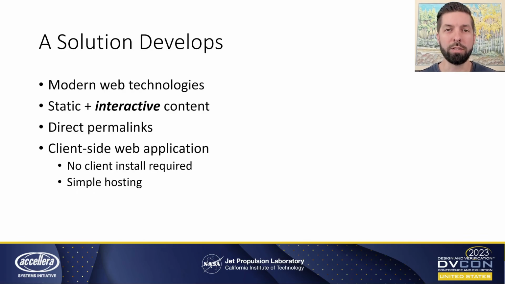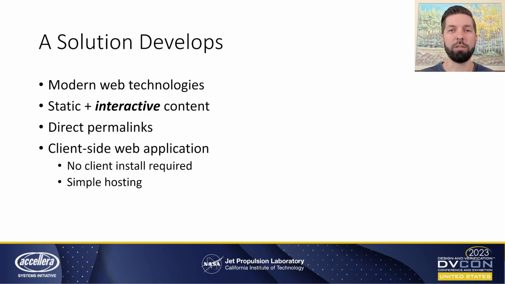While paying attention to the needs, I was also paying attention to the solution space and all the alternatives that are out there, right? I've already mentioned PDFs and Word documents. We also have HTML as a solution, and that's also widely used for design specification information.